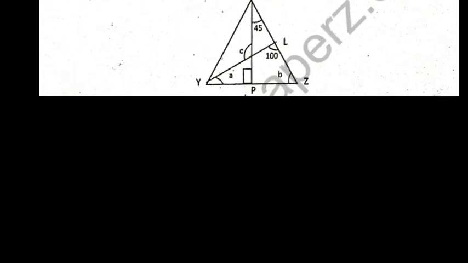Okay, so how to solve this problem? This 90 degree is given. Now this is 100 degree. This angle c we don't know, and this angle b. So first take triangle XPZ.